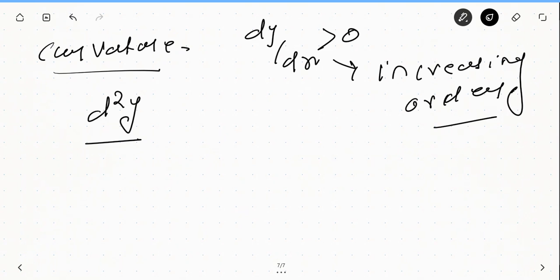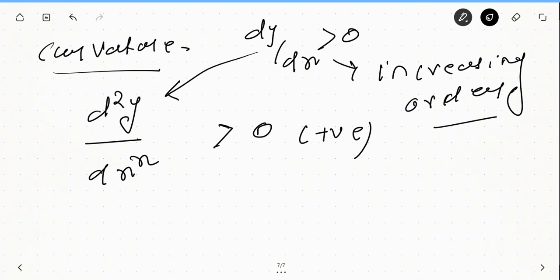Now find the second order derivative of the slope equation. If the second order derivative of the slope equation comes to be greater than 0, meaning positive, then the curvature will be concave.